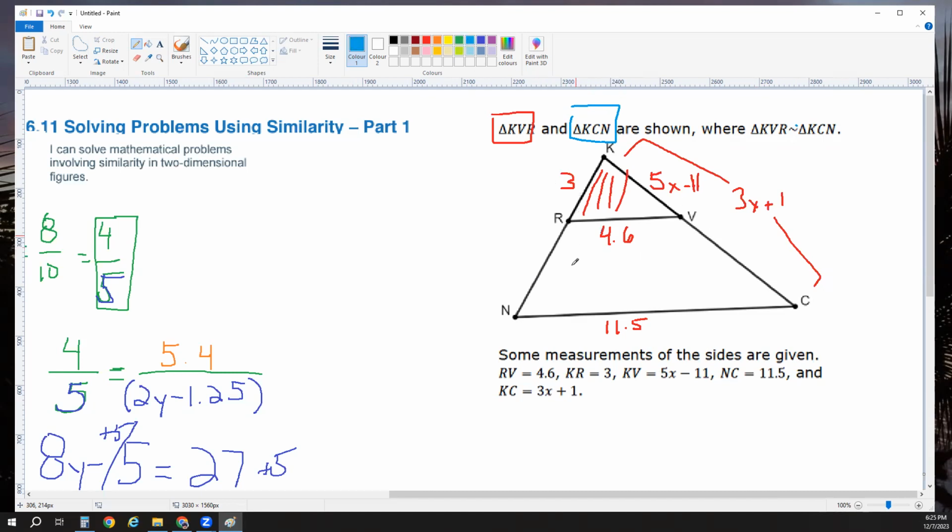We'll do big triangle. Okay. I'll pause it for a second.